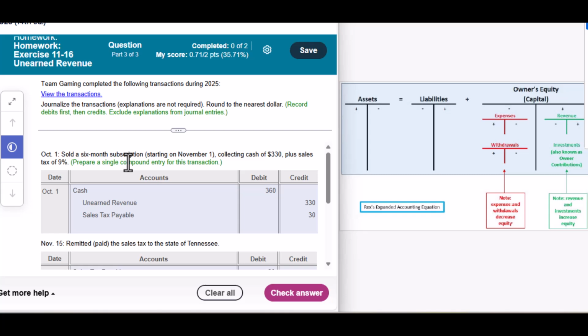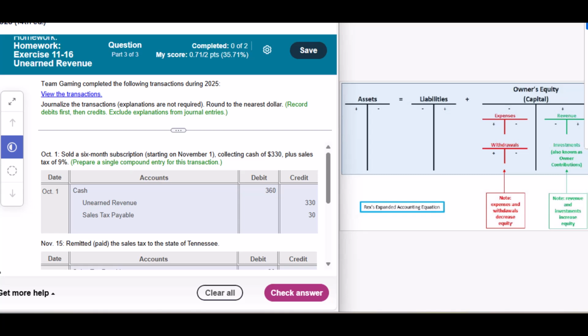So on October 1st, we owed all 6 issues. And then on November 1st, we send out 1 issue. So we've earned 1 issue in November. And then on December 1st, we send out another issue. So from October to the end of December, we've sent out 2 issues. So we have earned 2 issues out of the 6.